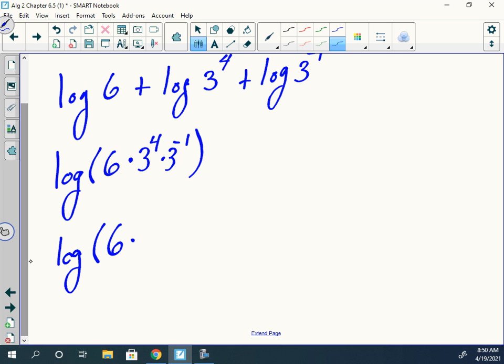Because if I add those exponents together, 4 plus -1 is 3. If I moved it to the denominator, one of them would simplify out, which would still give us 3 to the third.